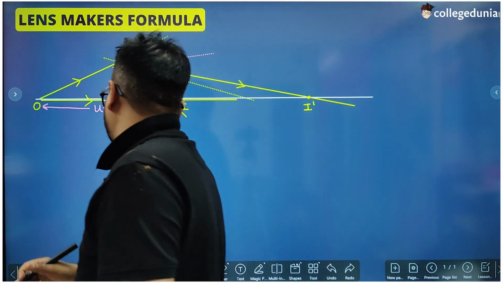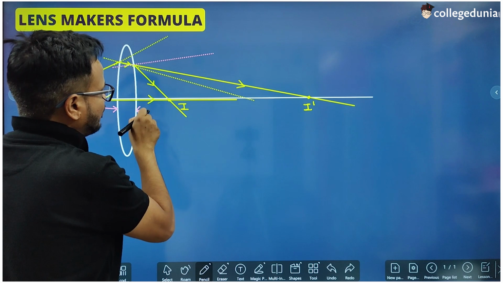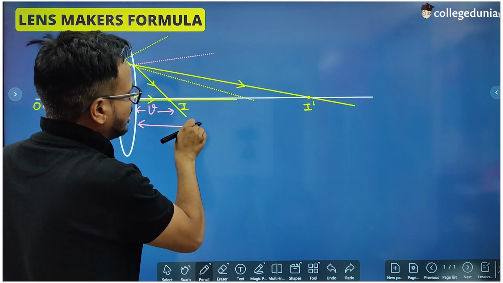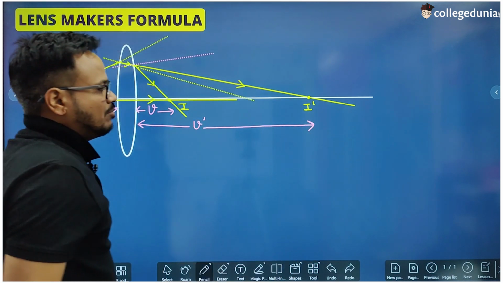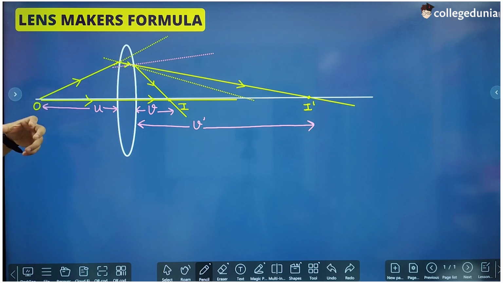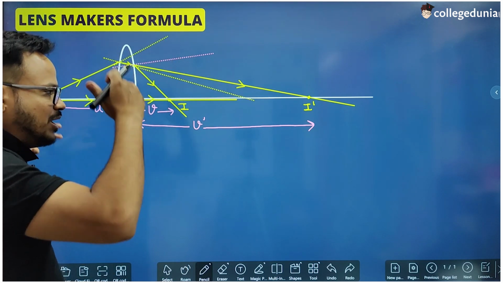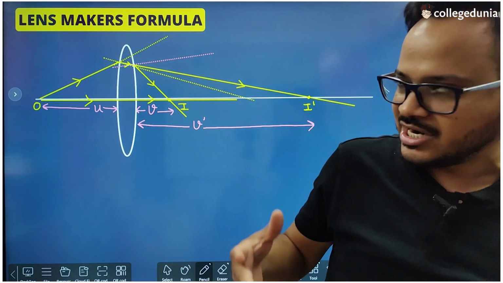So this is u, the object distance, this is v, the distance of the final image, and this one is v dash, which is an intermediate image not visible to us, the image formed by the first surface. We need this distance in our derivation, so we are taking this as v dash, right?